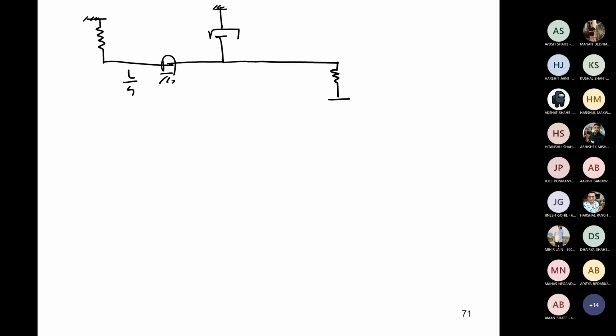This is L by 4, this is L by 4, this is L by 2. And L is given as total length, that is 1.2 meter. And this is deflected, and this is spring 1, stiffness K, spring 2, stiffness 2K. K is given as 7,000. That I'm not worried. So this is getting deflected. Angular deflection is theta.